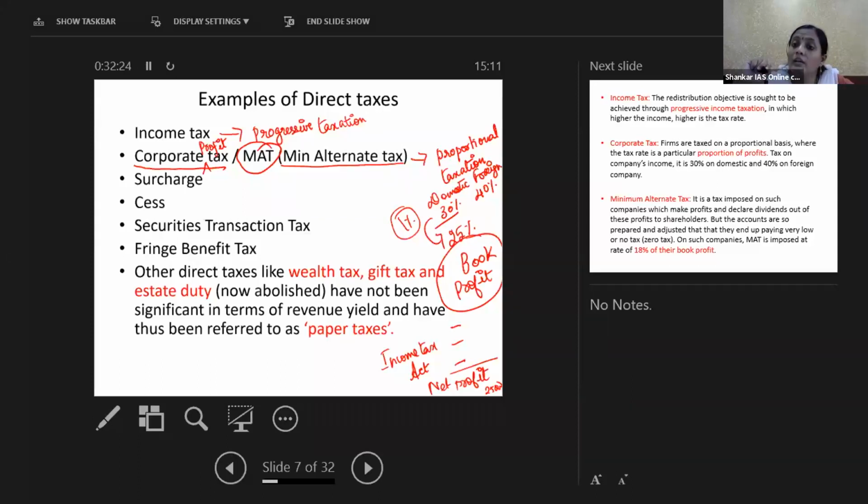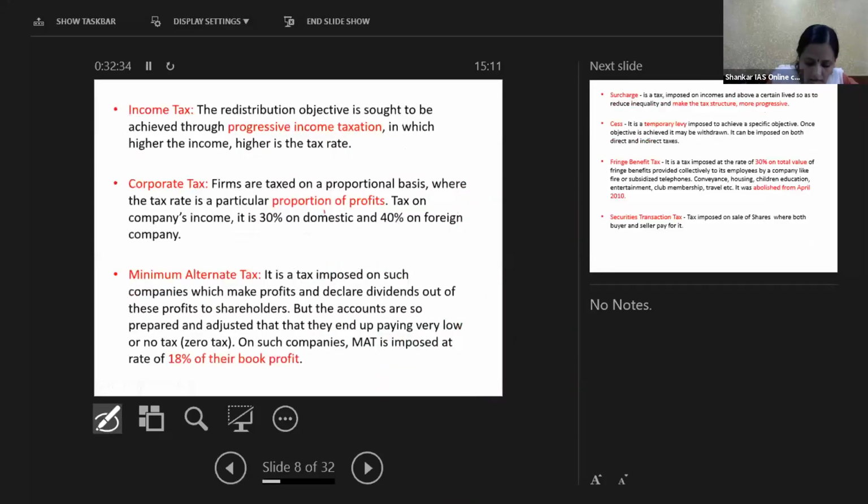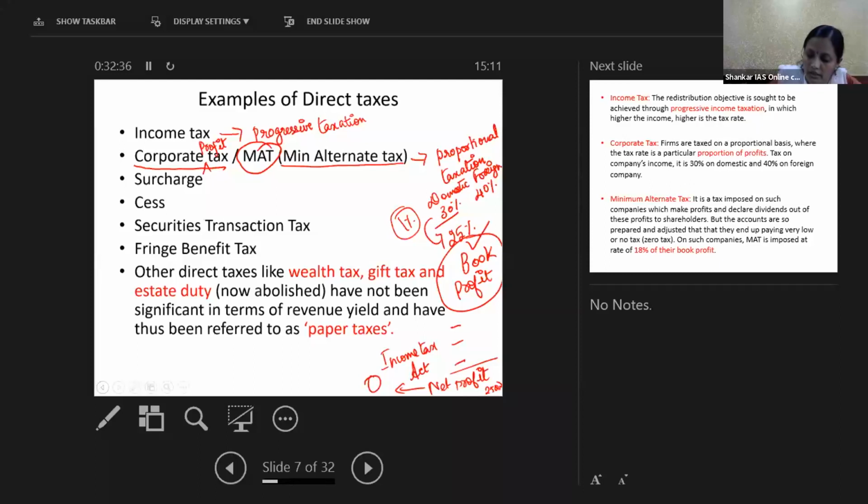So when companies like Reliance declared that the net profit is zero, the government went to this book profit and asked them to pay something like 18 to 18.5% as the minimum alternate tax. Have we understood? It is okay that you have not earned any net profit.